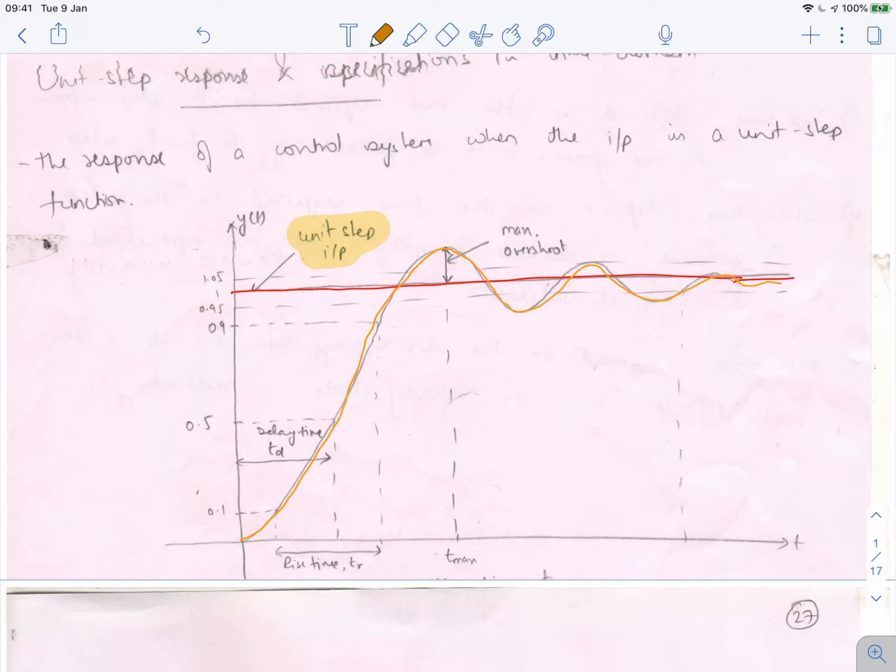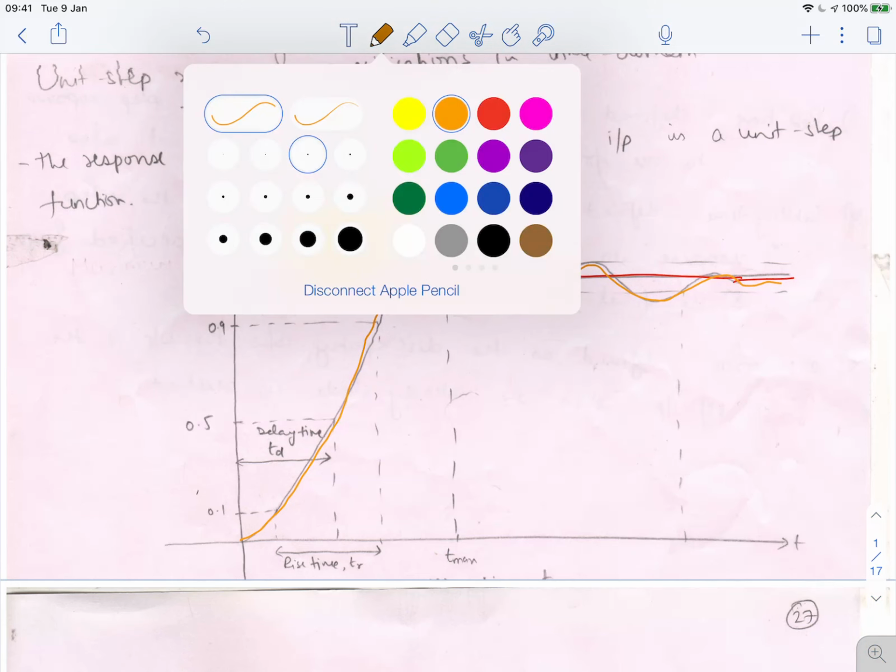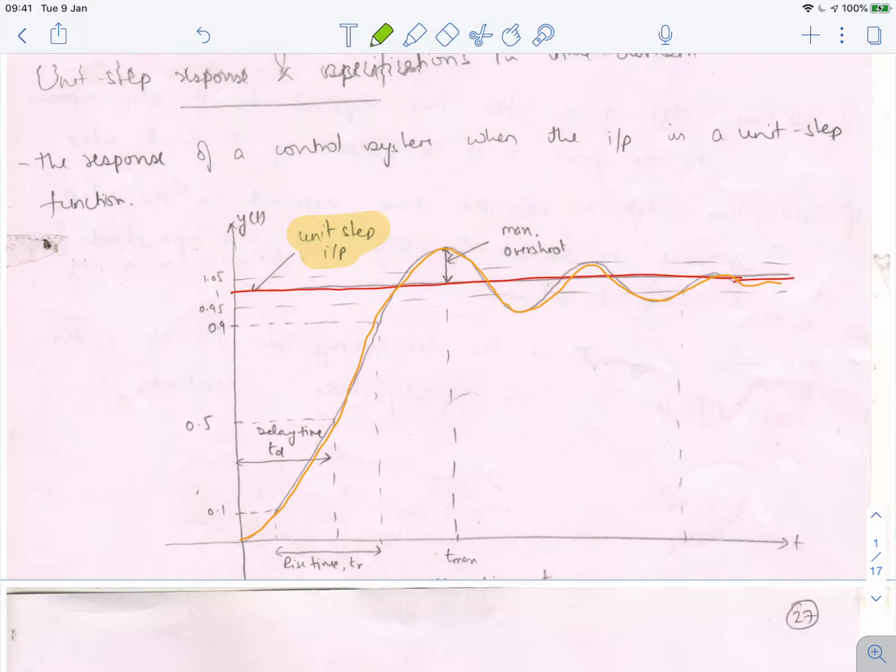So see here, we see that the response of the system is settling to the input, and we define a band at plus 5% and minus 5% of this unit magnitude. So this would be our band within which the response of the system settles down.